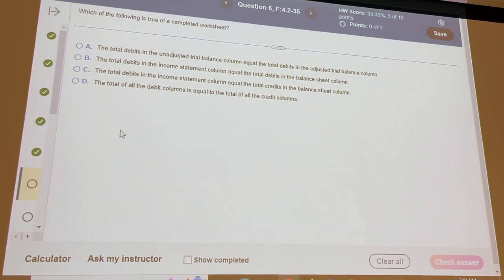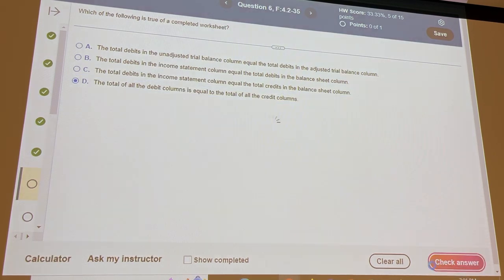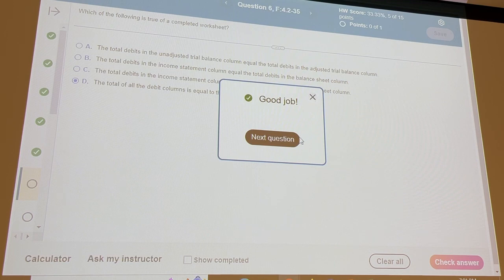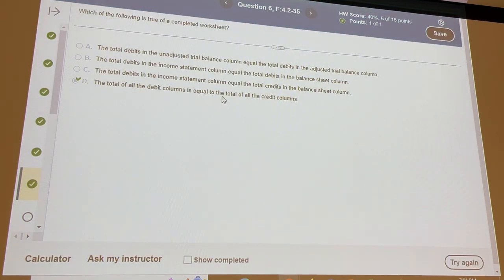I don't think so. I think it's the last one. Yeah. Now, it depends on how you interpret this, because even this answer is only correct if you put net income at the bottom of those columns to make them equal. They're not equal before you put net income at the bottom, but if you put net income at the bottom, then D would be a correct answer.